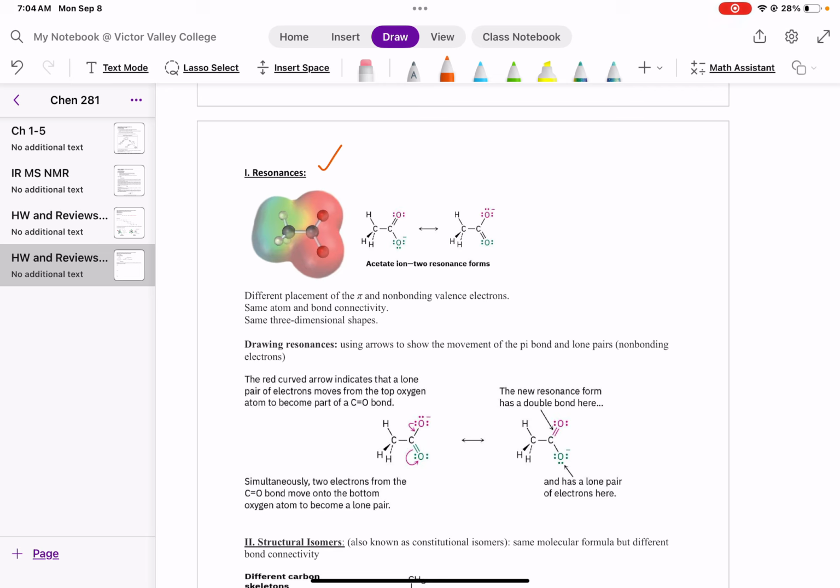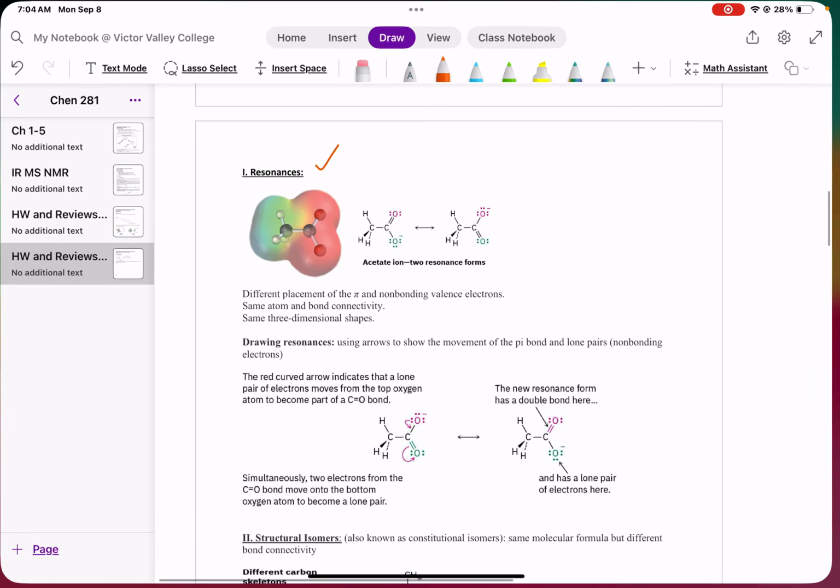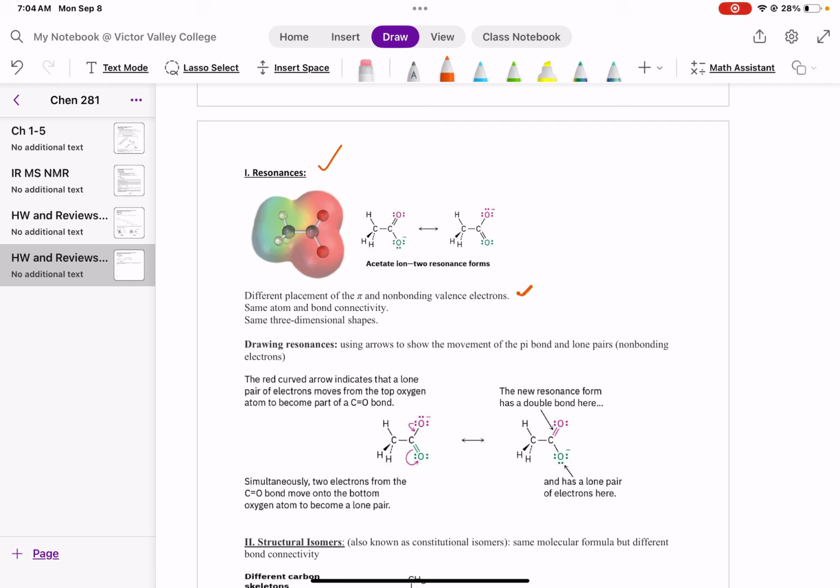Resonance structures have different placements of the pi bond and the valence electrons, the lone pairs. They have the same bonding connectivity and the same 3-dimensional shape. So what's the clue? How do we draw them? These are essentially the same molecule or ion.